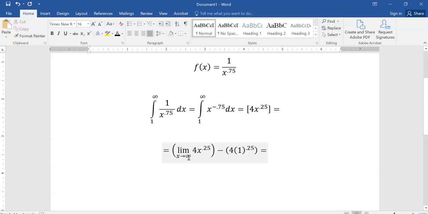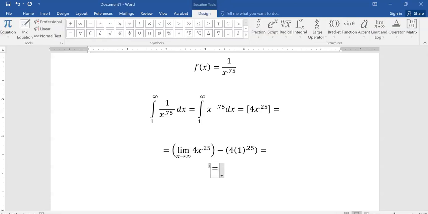Limit as x goes to infinity. x to the 0.25 times 4 is just going to keep getting bigger and bigger and bigger. So when you plug in infinity, what happens is you get infinity. And then when you plug in 1, it turns out this is 4 times 1 to the 0.25, you just get 4. So you get infinity minus 4, which is simply infinity.